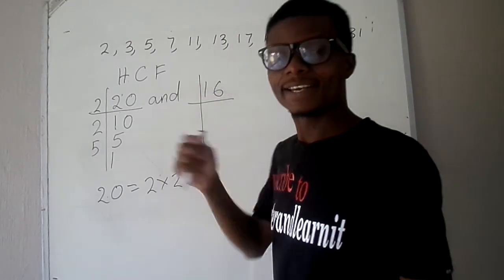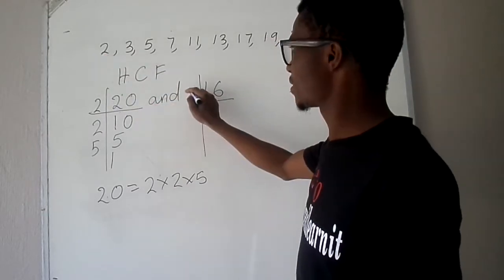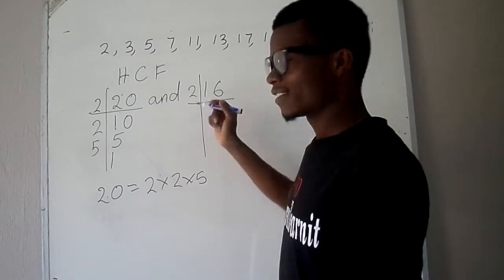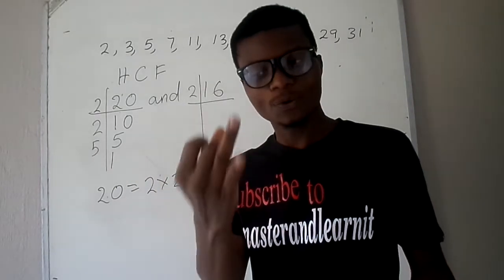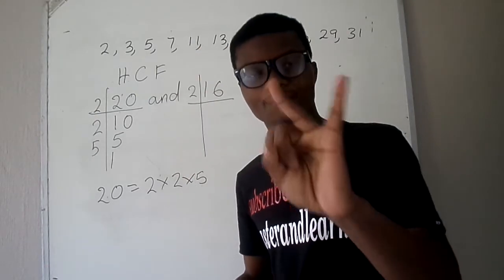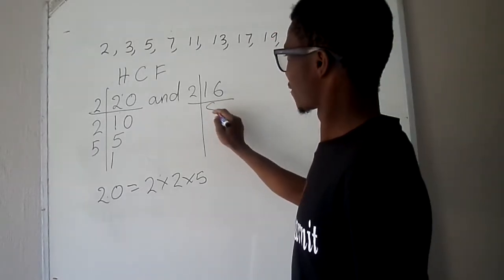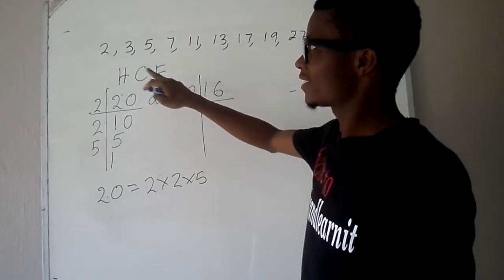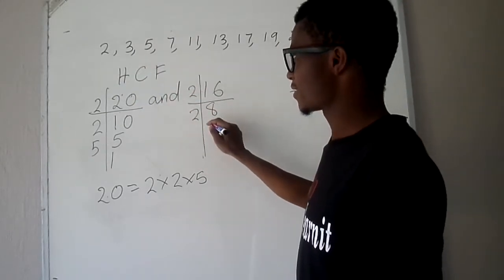Writing 16 as a product of its prime factors, we divide by the smallest prime number, which is 2. 2 into 16, that's 8. We can count using your fingers: 2, 4, 6, 8, 10, 12, 14, 16. So we have 8. The smallest prime number that can divide 8 is still 2. 2 into 8, that's 4.